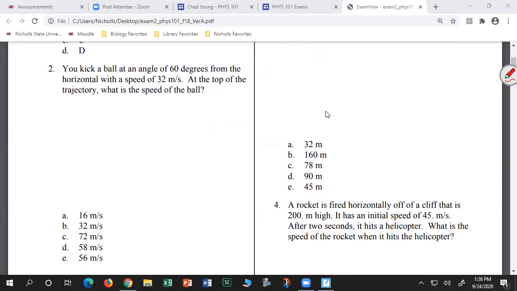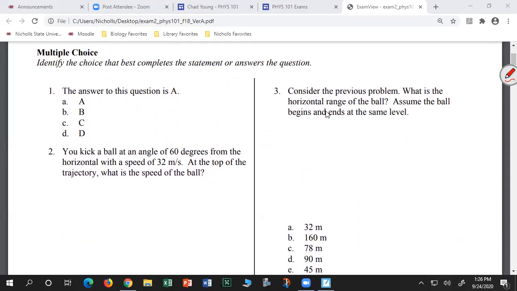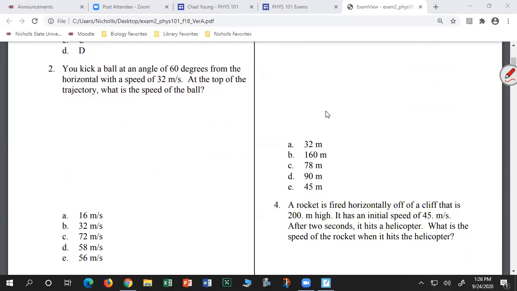We'll do number 2 and 3 because those are sort of built in. You'll find that one problem you'll have to find some value, and then the next problem might be something that you've already found. So just keep that in mind. Like, for example, if I ask what is the time at the top of the trajectory? You've already found that. So it's really just going back and figuring out what you did previously.